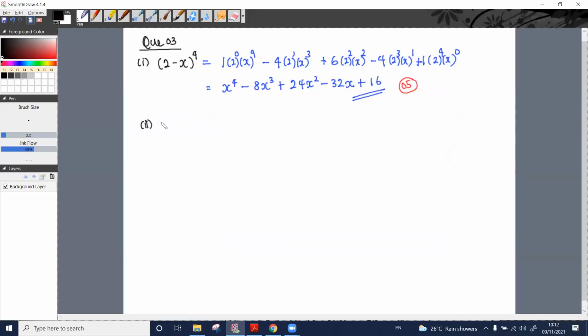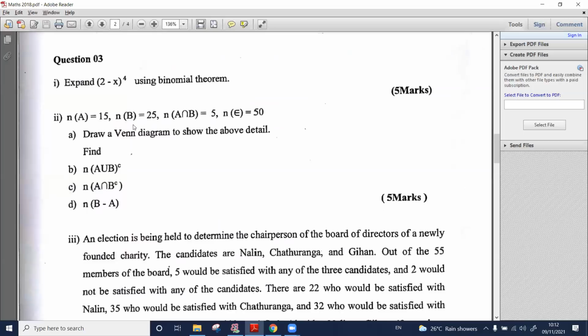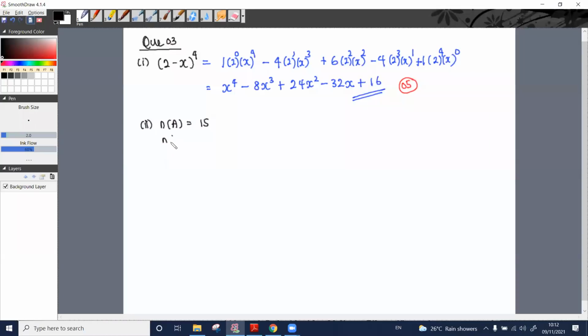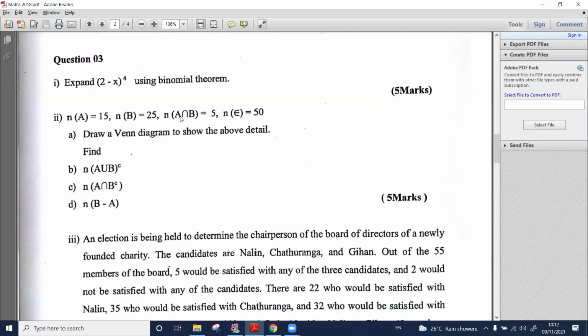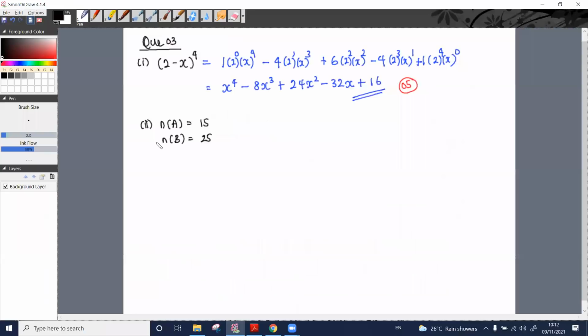n(A) equals 50. Number of elements in set A equals 50. Number of elements in set B equals 25. And number of elements common to set A and B equals 5. n(A intersection B) equals 5.